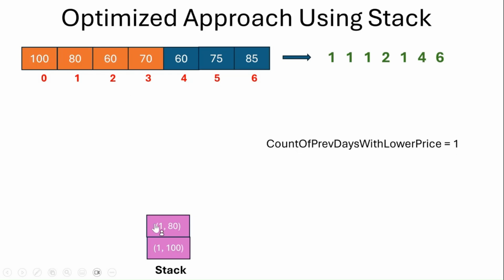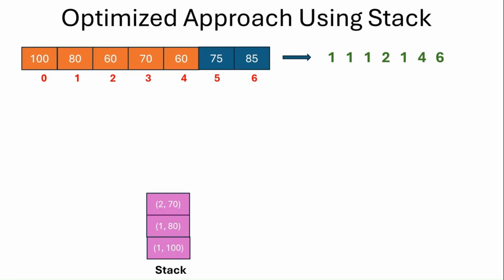Now the previous day has a stock price 80, which is not less than 70. So now we will add the current day entry to the stack. What will we add? This 1, which is for 60, plus 1 for the current day. So 1 plus 1 is 2. So 2 comma 70 will be added to the stack.